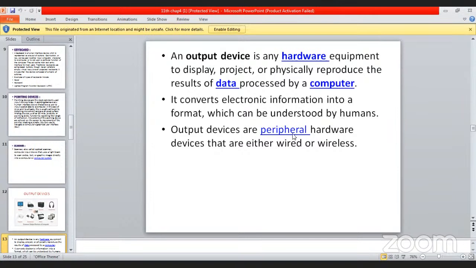So output devices are peripheral hardware devices that are either wired or wireless.